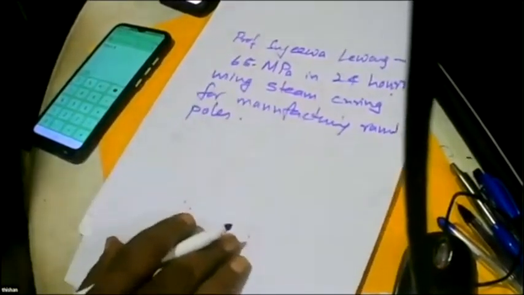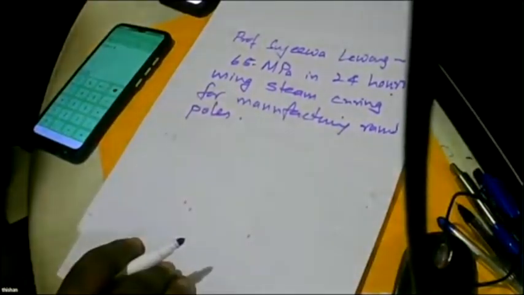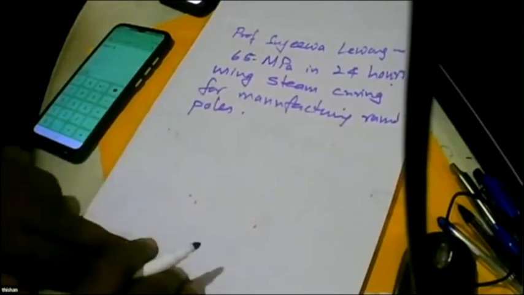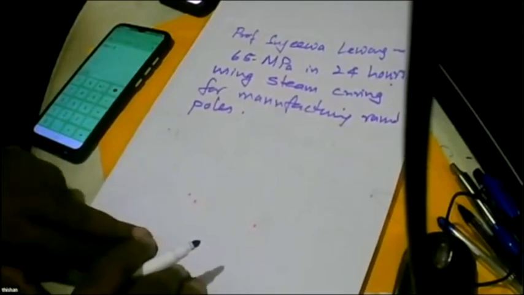So that particular company wanted 65 megapascal in 24 hours using steam curing for manufacturing round poles. So he asked me, okay, what is your solution for that?